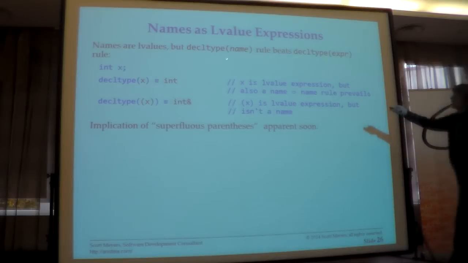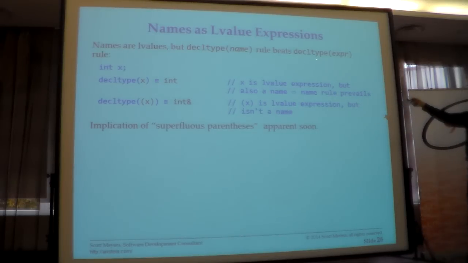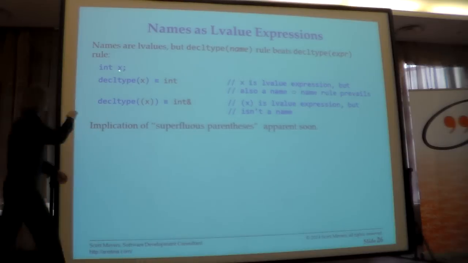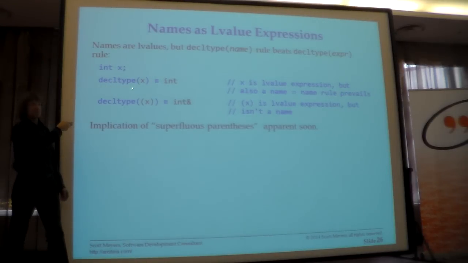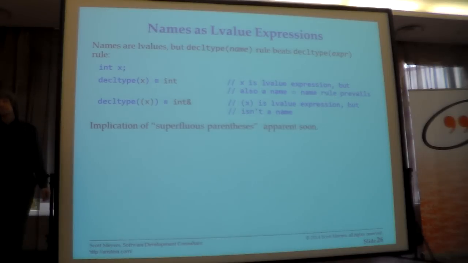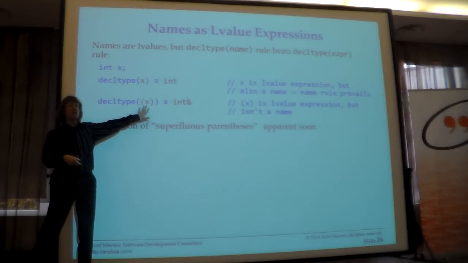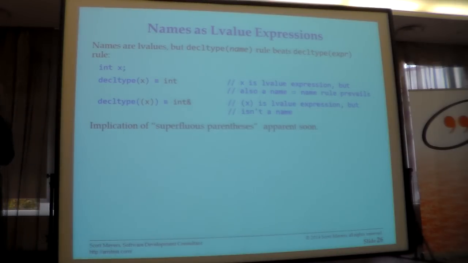But it turns out that the decltype name rule is more important than the decltype expression rule. So, if I have this integer x, and I say decltype of x, well, x is a name, so the type is just int. However, if I say decltype of (x), now, (x) is not a name. (x) is an expression. x is a name. (x) is an expression.